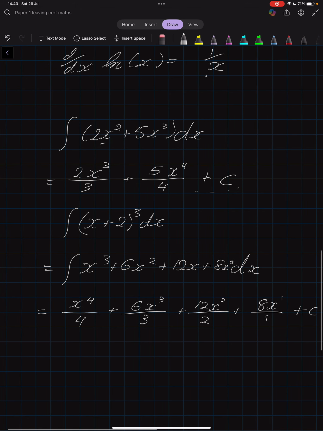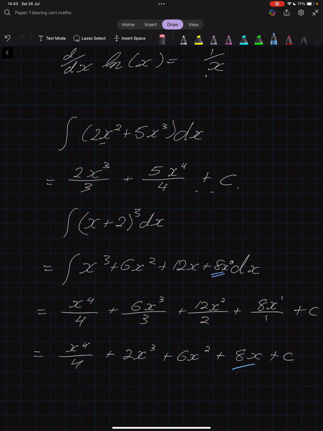So this is just equal to x to the 4 over 4 plus 2x cubed plus 6x squared plus 8x plus c. Just to be clear, this plus 8 gives me a plus 8x. So whenever you're integrating a constant, you just end up with the constant multiplied by x. Okay? All right.